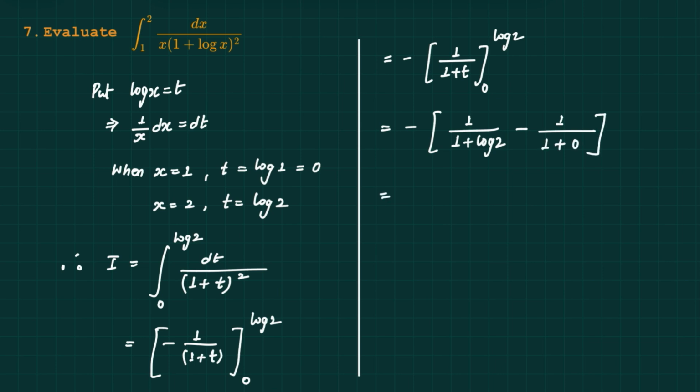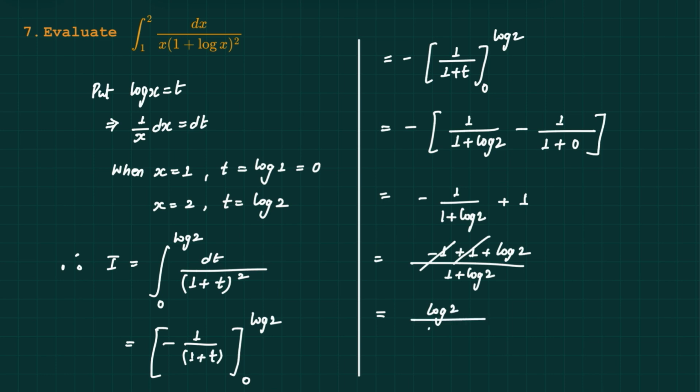So opening the bracket with minus, we will have minus 1 over 1 plus log of 2, minus minus is plus, and here it will be 1. And doing the LCM, we will have 1 plus log of 2 minus 1, plus 1 plus log of 2. So here plus 1 minus 1 gets 0. So my answer will be log of 2 by 1 plus log of 2.